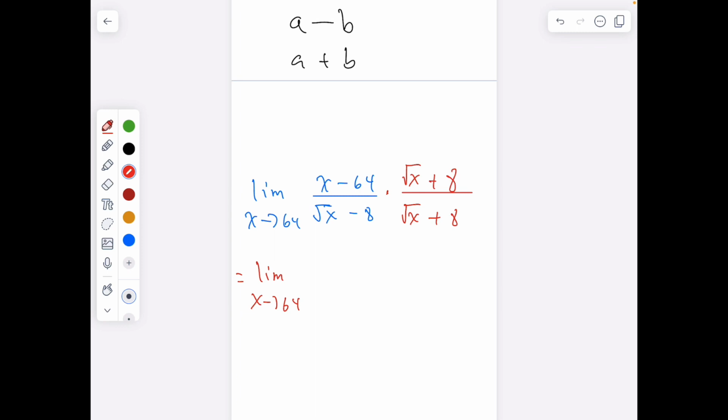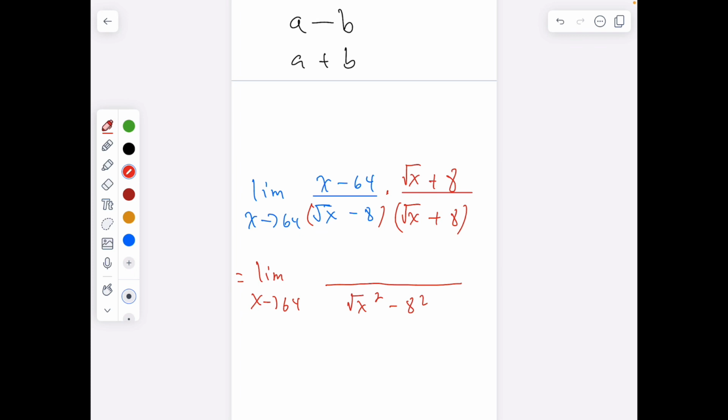So then we went ahead and did that, but obviously we want to do some simplification. The simplification will be done primarily with that denominator. Root x minus 8 times root x plus 8 becomes root x squared minus 8 squared. How am I getting that?